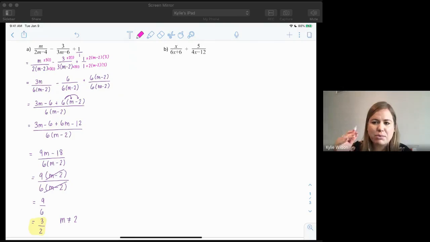If at any point, even including the original, there's an m on the bottom, we have to include it. In this case, those are also m equals 2. So it ends up being the exact same one, but that's a great question. Yeah, but anytime you have it on the bottom, you should. But when you factor it out, it's the exact same expression, just written in a different way. Yes, Keith.